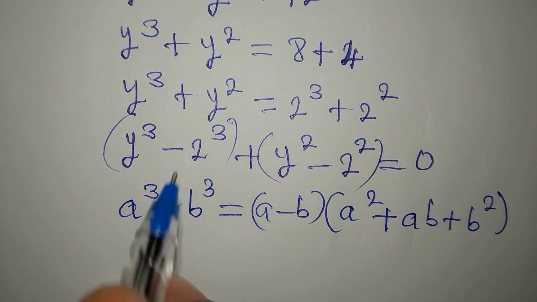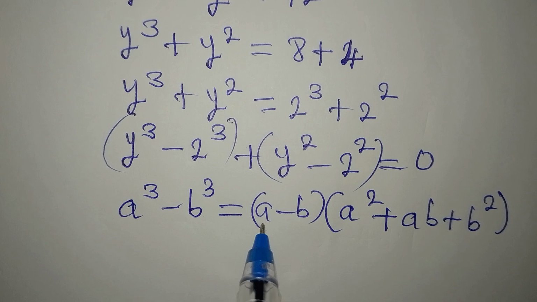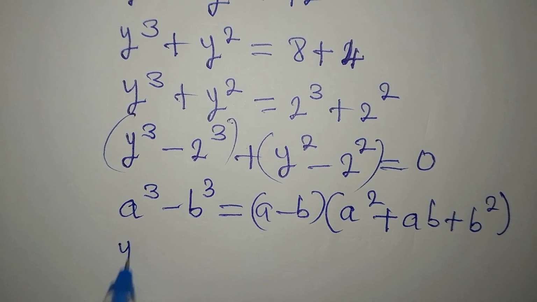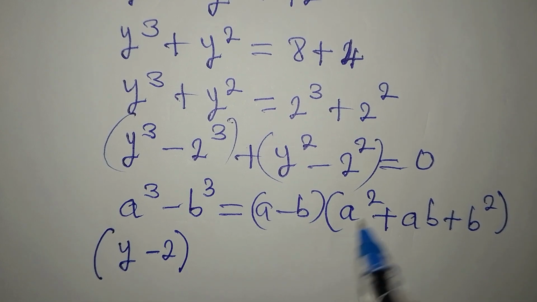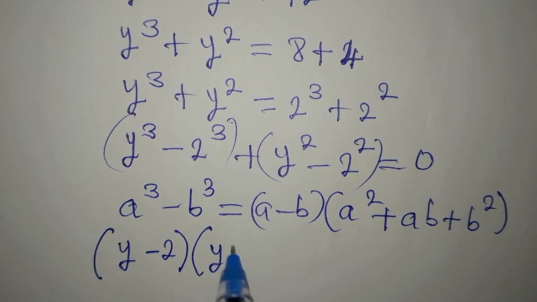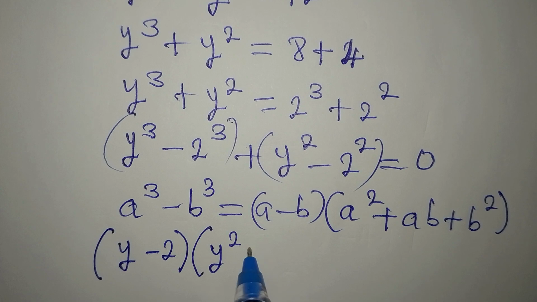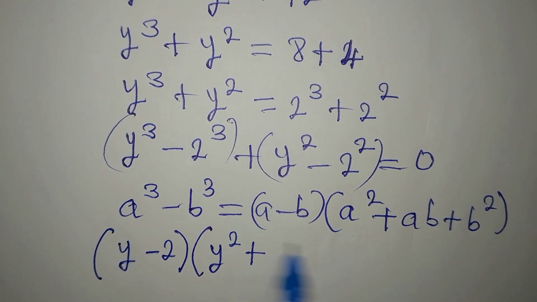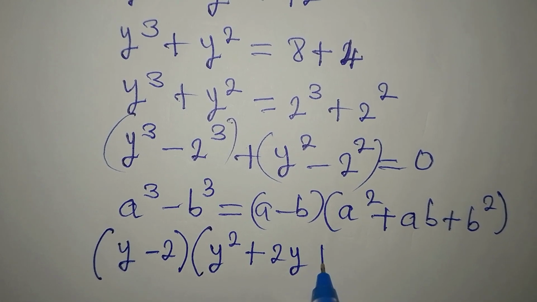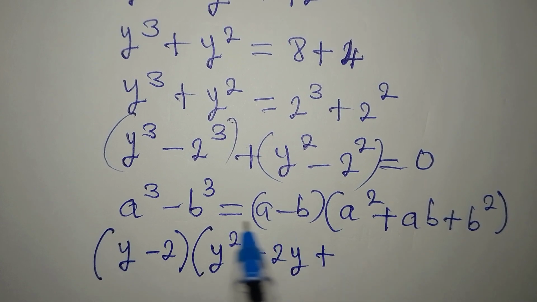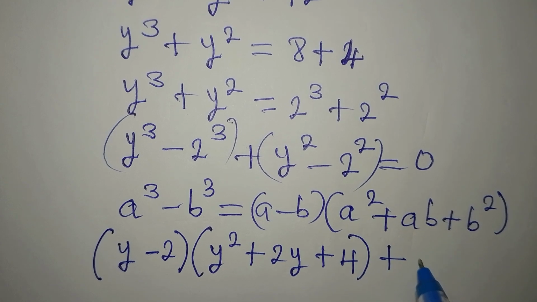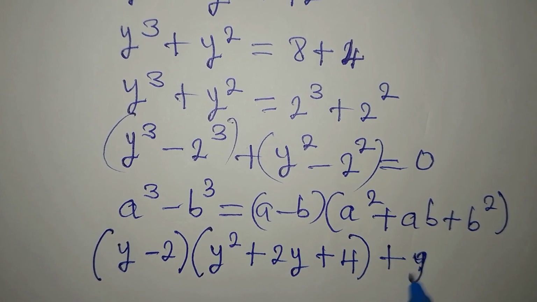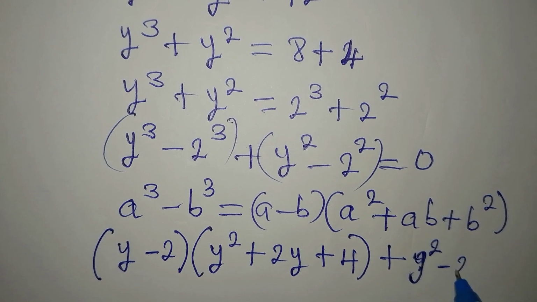So I'm going to express this in this form. a minus b becomes y minus 2. Then a squared, that will be y squared, plus ab, that will be 2 times y, and it's 2y, plus b squared, that will be 2 squared, and it is 4. Then plus y squared minus 2 squared.